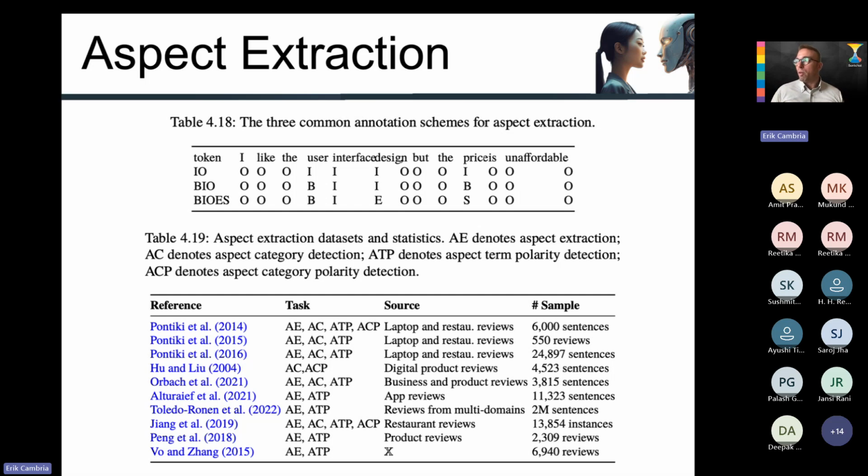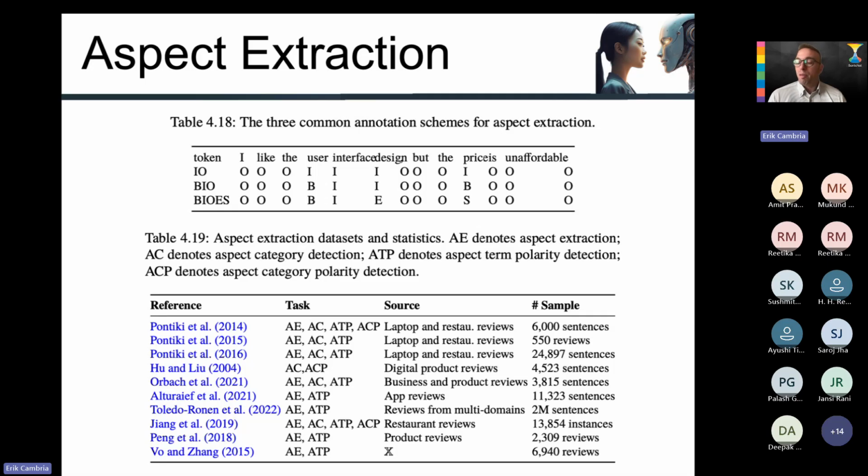One simple pattern could be that whenever you have the verb to be and then a positive or negative adjective, whatever comes before that is possibly an aspect, because you are defining what is good or bad, and that usually comes with an opinion target, right?